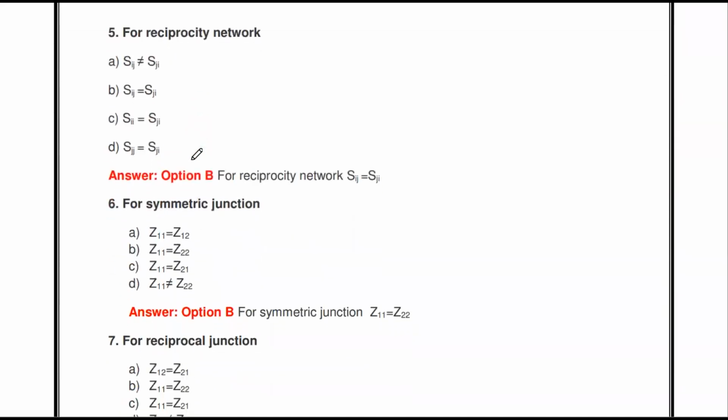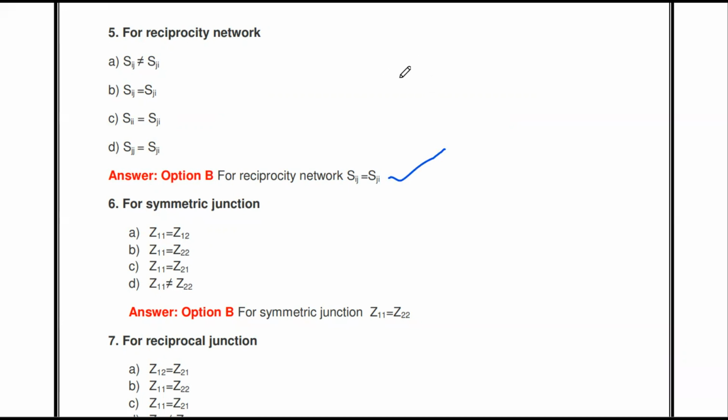Then the next one: for a reciprocal network. If the given network is a reciprocal network, which one is true? The four possible conditions are: Sij is not equal to Sji, Sij equal to Sji, and so on. For a reciprocal network, always Sij equal to Sji.